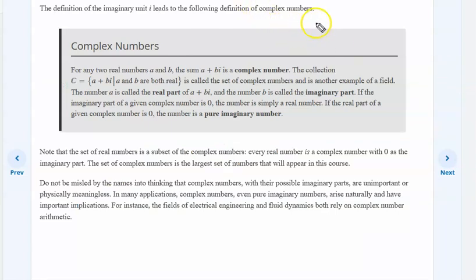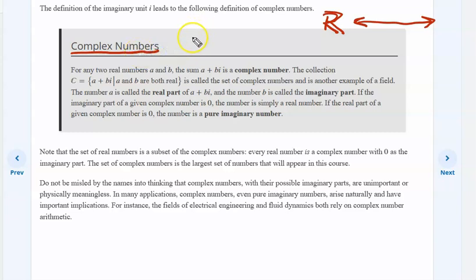Now, we know from earlier lessons we have real numbers. These are all the numbers that are on the number line. But this other group, now that we've introduced imaginary numbers, creates a bigger group than real numbers. And these are called complex numbers.